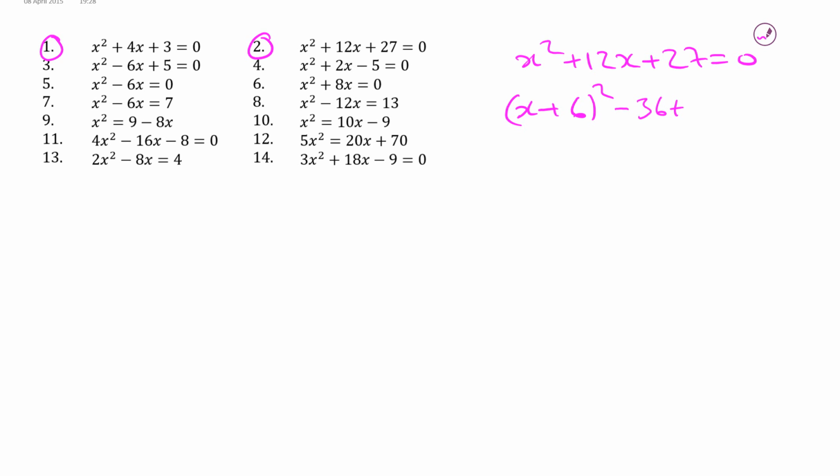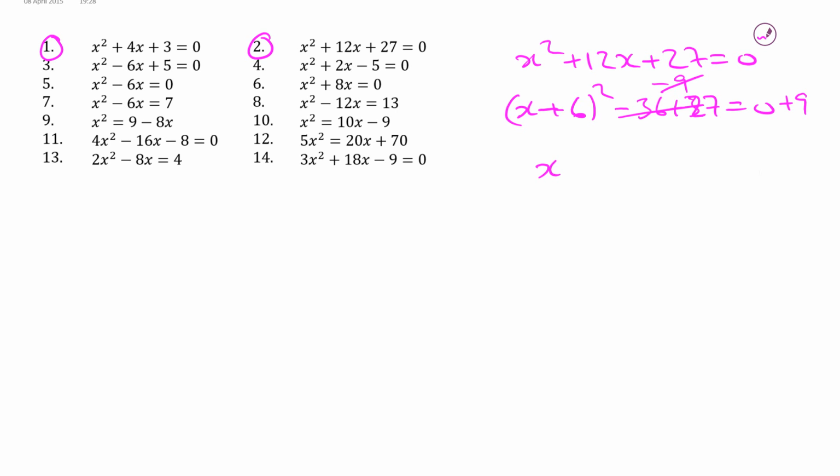Oh wow, you did it so much in your head. Well done. Yes, you're right, minus 9. So x plus 6 all squared minus 9 equals 0. What's next? Then you put the minus 9 on the other side, which is 9.